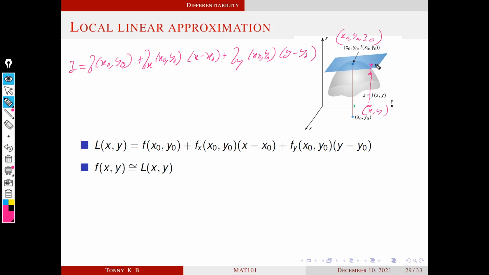That's the idea. Naturally, there is an error. We know that this error is less than the distance between these 2 points. Anyway, this approximation is called the local linear approximation of the function f of x, y. Clear? This Lxy is called the local linear approximation of f of x, y at x naught, y naught.